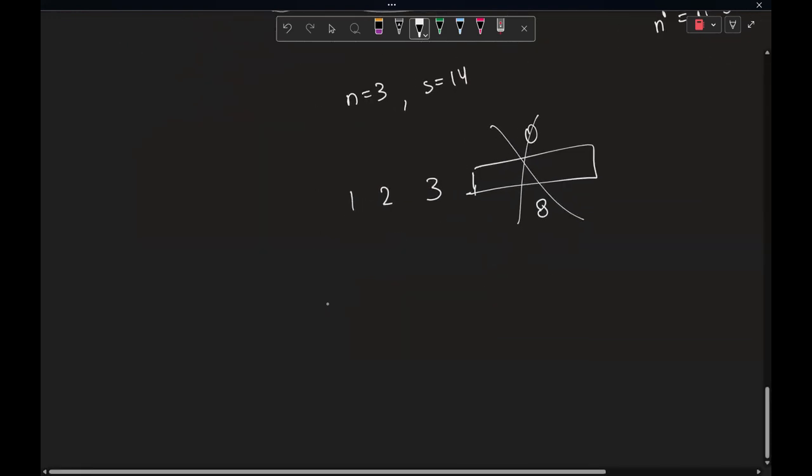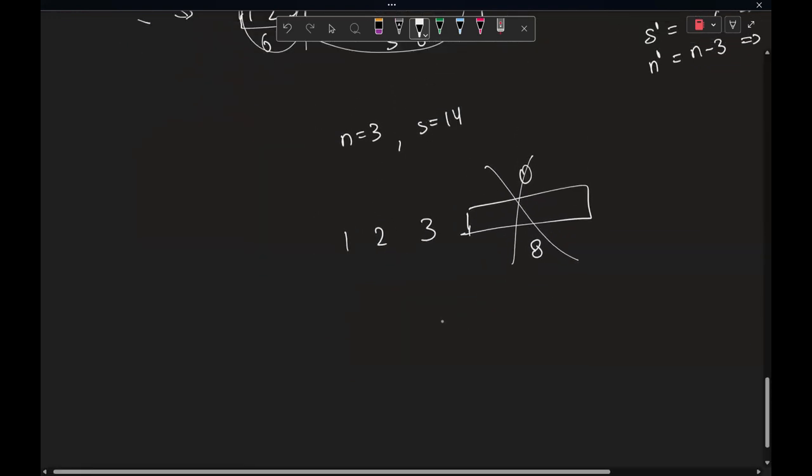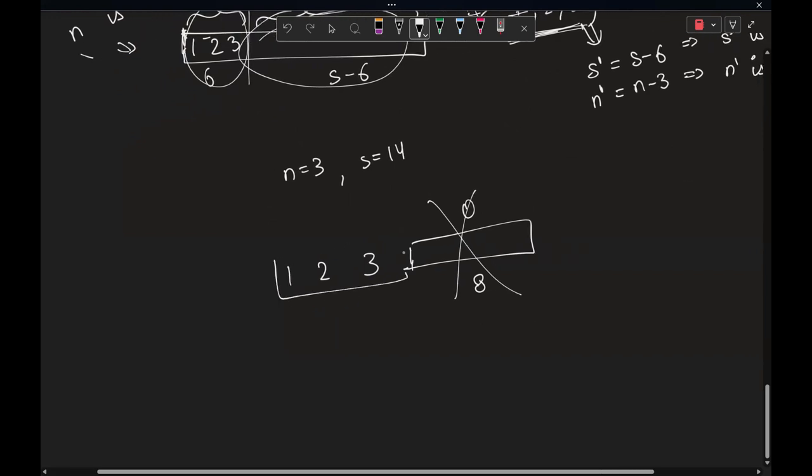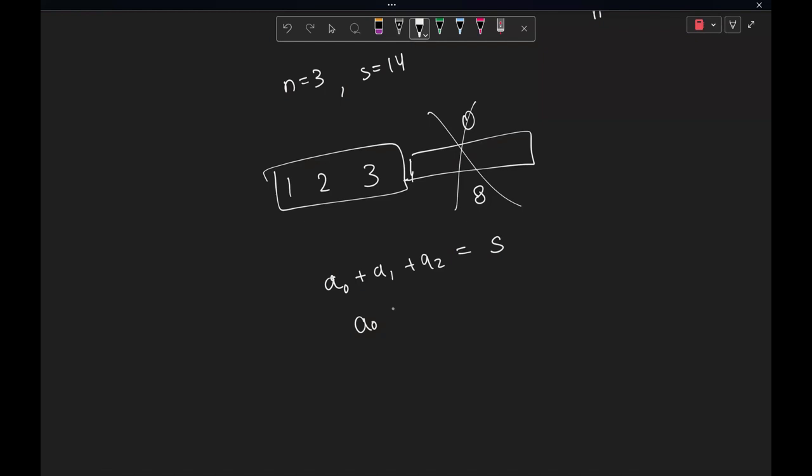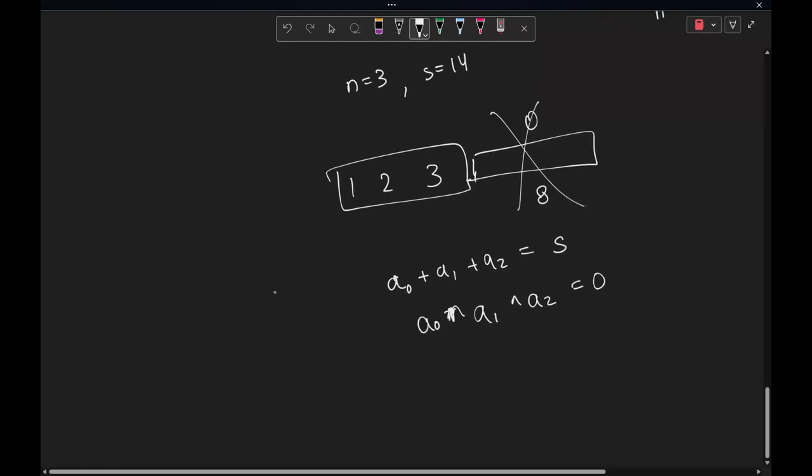And then I just tried to figure out that in this case, I will have to pick up 3 characters whose sum is equal to s, and the XOR of these characters should be equal to 0. And by the way, there was one more thing.